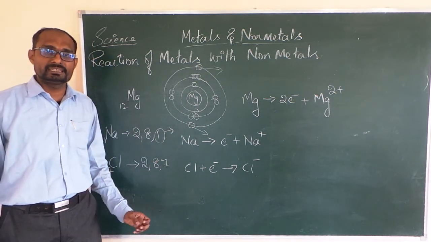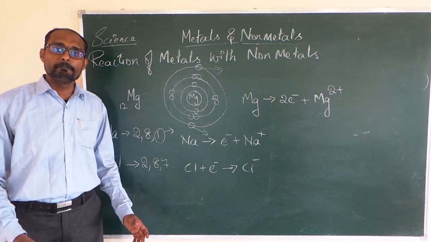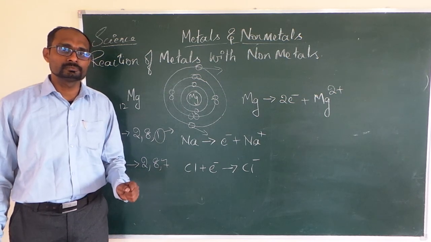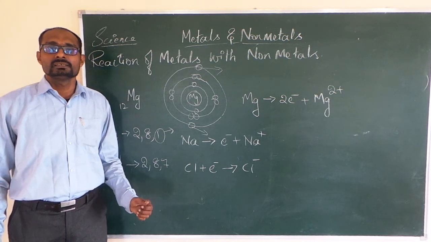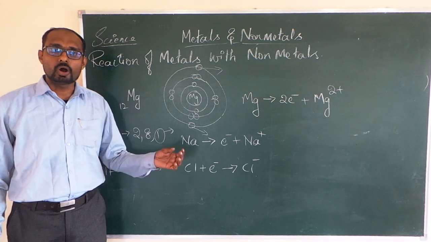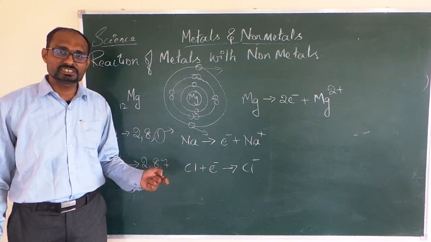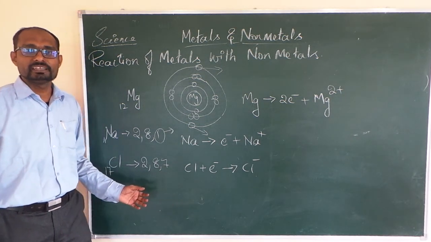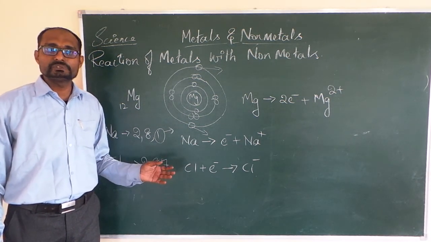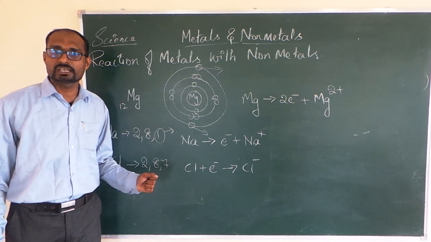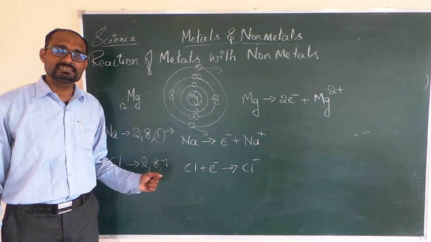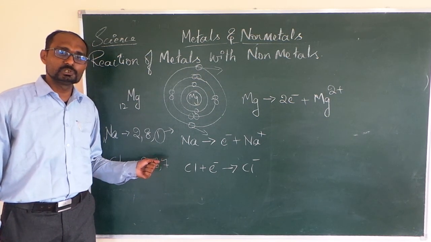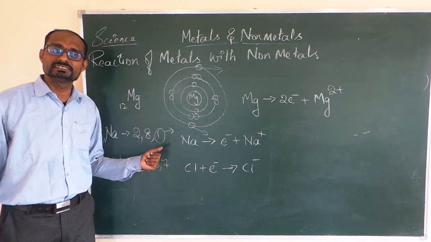Similarly, other elements also. Actually, we define metals and non-metals based on the number of electrons they gain or lose. If an atom has 1, 2 or 3 electrons in the outermost shell, we say it is a metal. On the other hand, if an element has 5, 6 or 7 electrons in the outermost shell, then we say it is a non-metal. All metals will have the tendency to lose electrons to become positively charged.